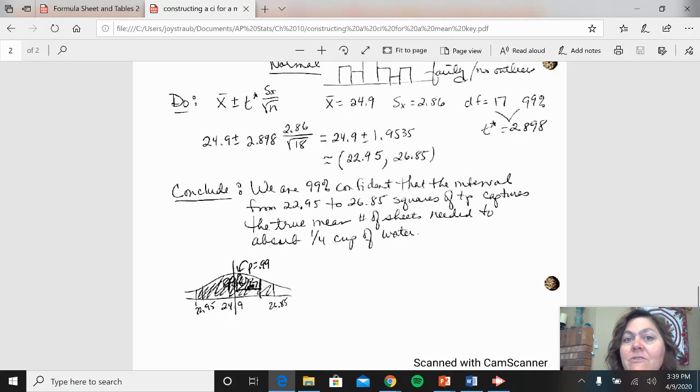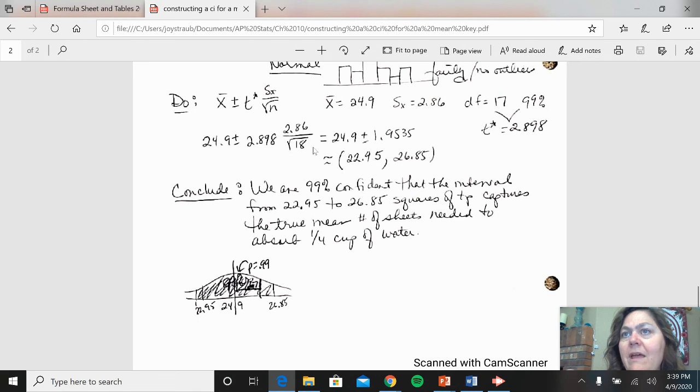And then finally, just like we talked about in 10.1, you're going to make a quick sketch. This is 99%. You see 99 barely here in the middle of this center section. The mean of all the sample means was 24.9. And then here are my end caps, 26.85 and 22.95.